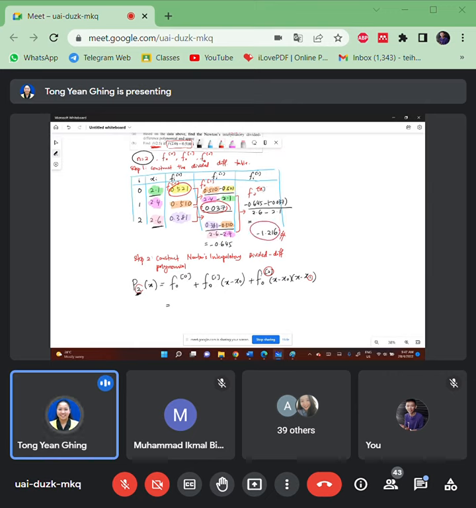So saya akan ganti masuk this one 0.521 plus with negative 0.037 times with x minus x0, X0 is 2.1, plus with negative 1.216 times with x minus 2.1, x minus x1 2.4.